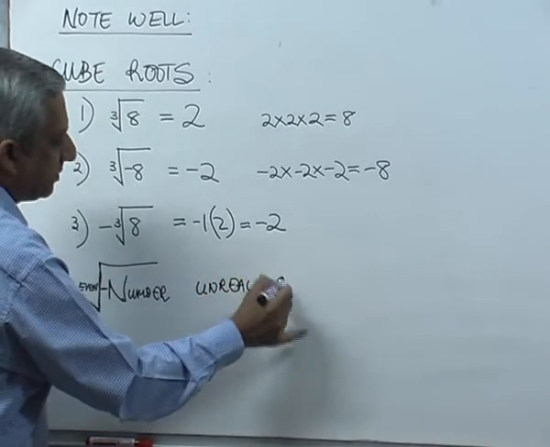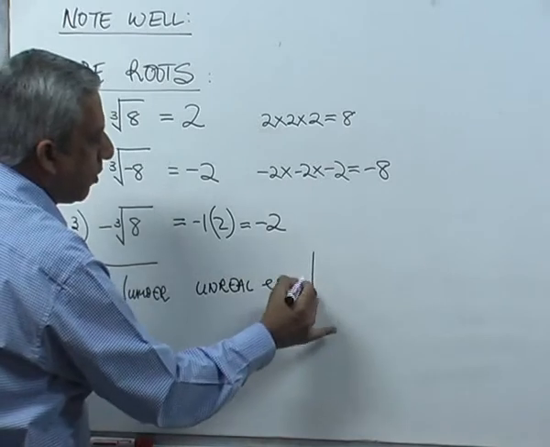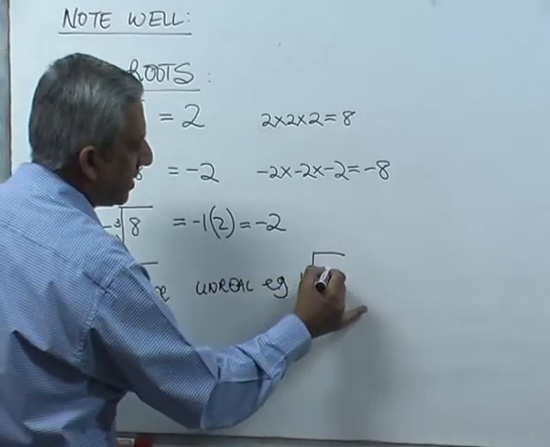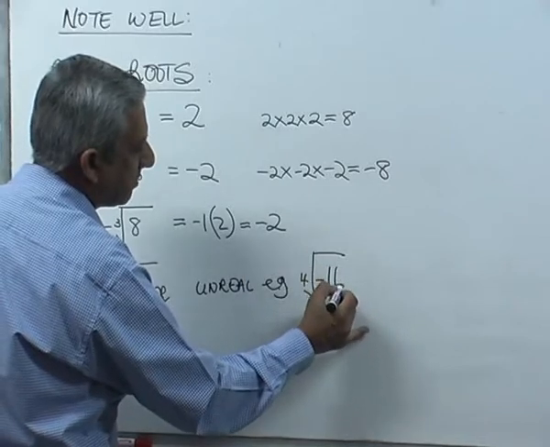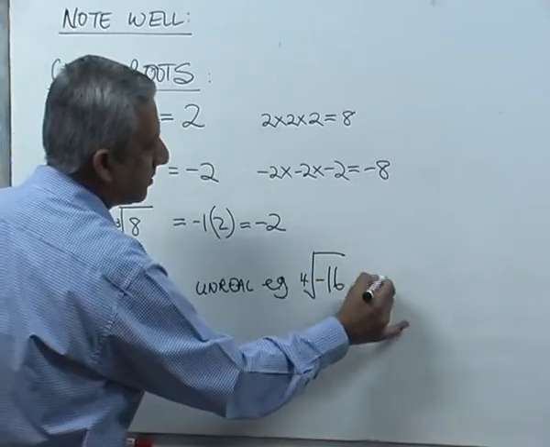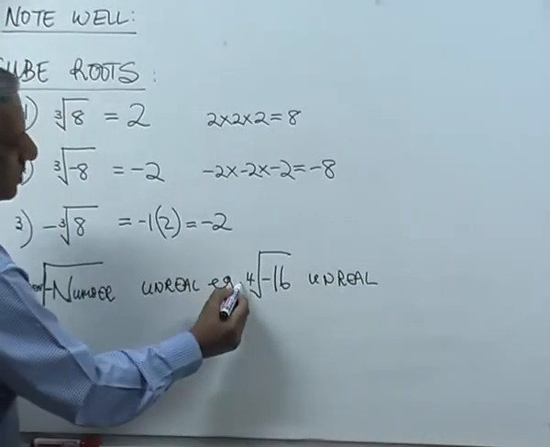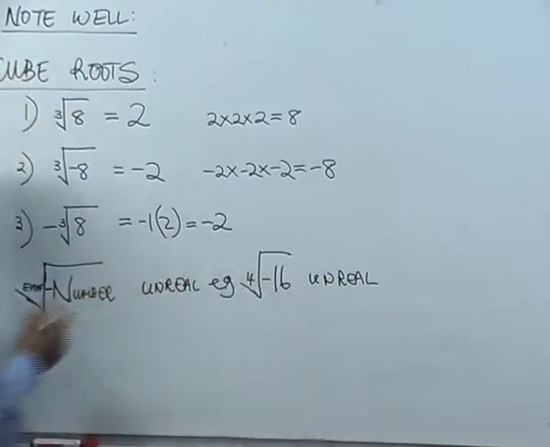For example, the 4th root of minus 16 is unreal because this is an even root of a negative number.